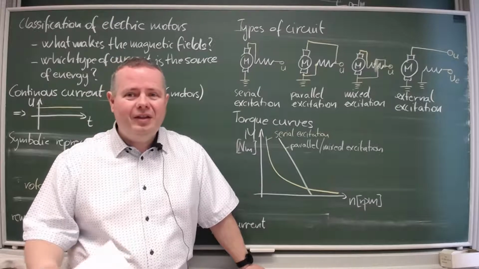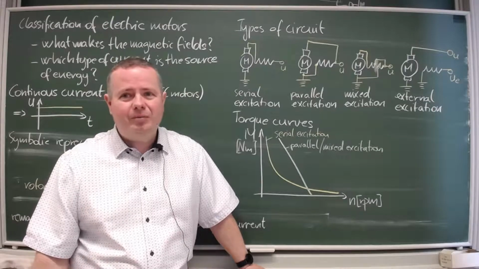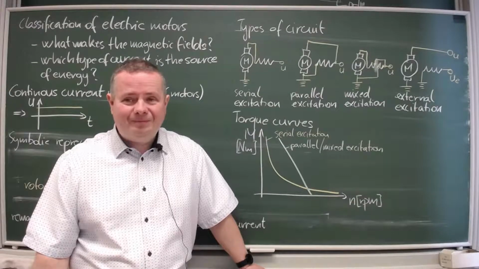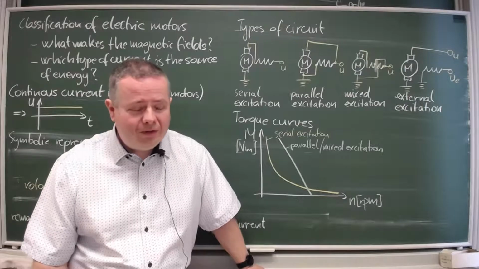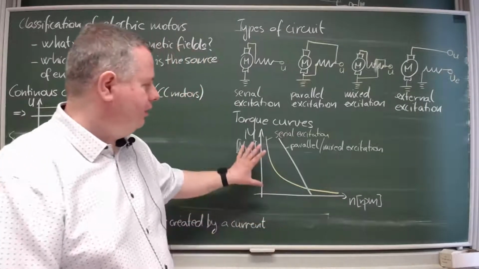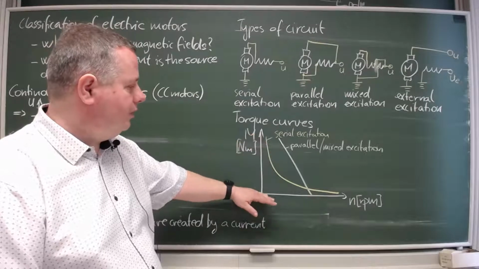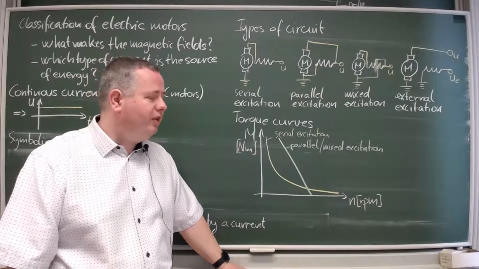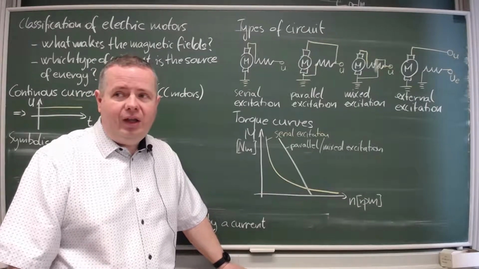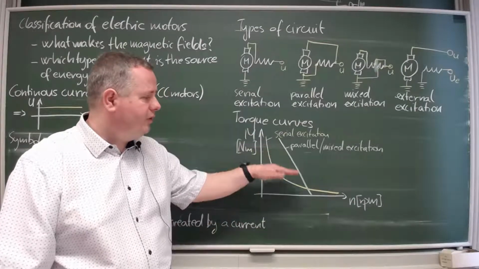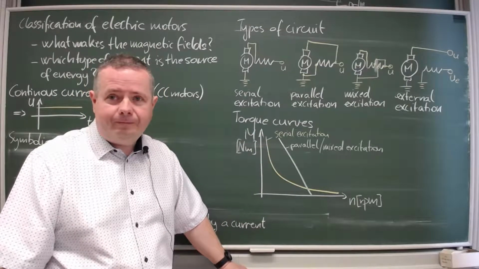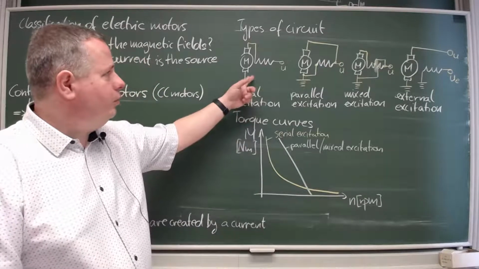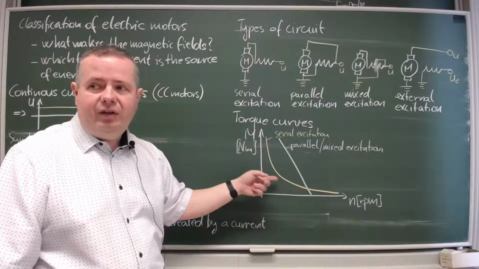Once you are moving, you get a more or less constant speed, and it's much easier to press on the pedals. So for a vehicle, roughly, we require a high torque around 0 RPM to launch the vehicle. And once it's in motion, we just have to keep the state of motion, and that can be done with a relatively small quantity of torque. So it seems that this serial excitation machine is quite ideal for driving vehicles.